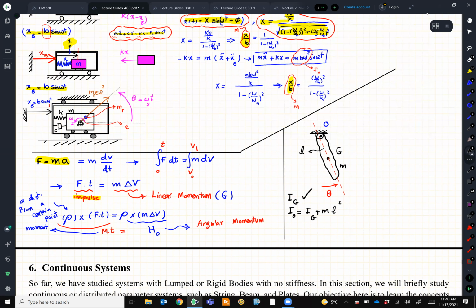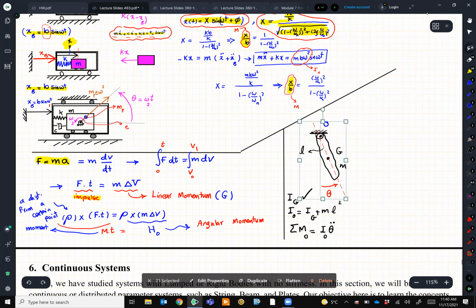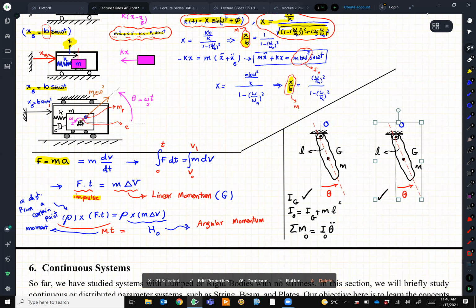So we know how to write the Euler formula, which is the sum of the moment about point O is IO theta double dot.